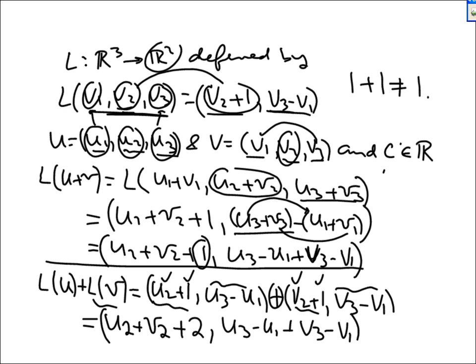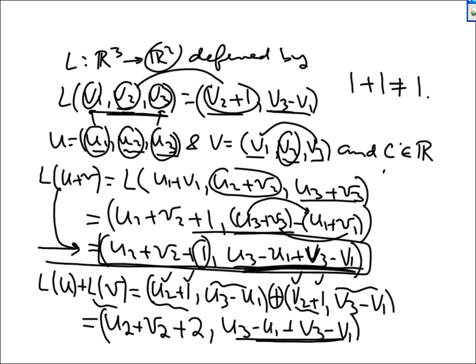Just like we got over here. L of u plus v is this. And if you notice, the second components are equal. But the first one is not. This here is u2 plus v2 plus 1. This is u2 plus v2 plus 2.